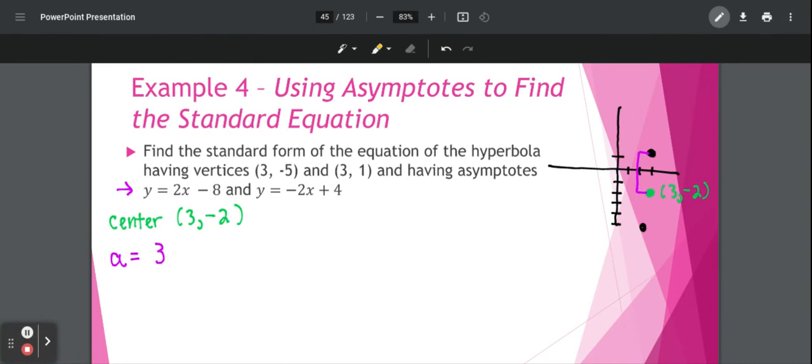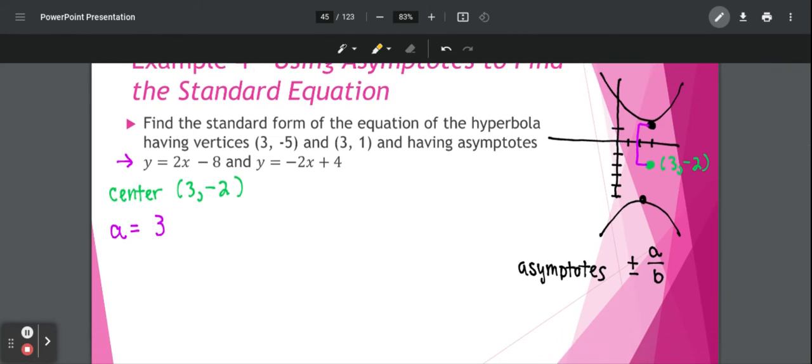If our vertices are vertical, then we know that our hyperbola would be a vertical hyperbola. So for our asymptotes, if we went back to the formula, the slope is plus or minus A over B for the vertical hyperbola slopes for the asymptotes.